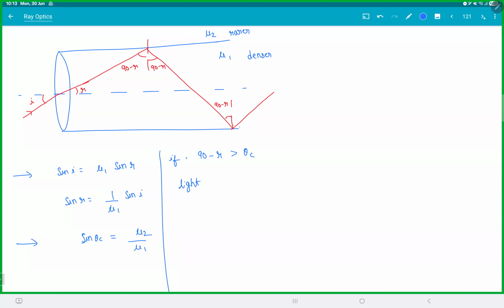This was the CET question. Optical fiber works on which principle? Total internal reflection. Sin of (90 minus r) is greater than sin theta critical. This will become cos r. This will be root of 1 minus sin square r, which is greater than sin theta critical.